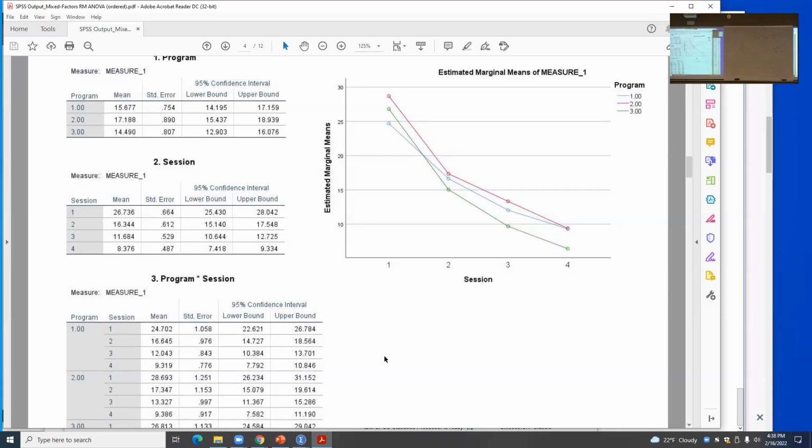Anybody? Yeah. Intake to 6 weeks. Probably intake to 6 weeks, right?